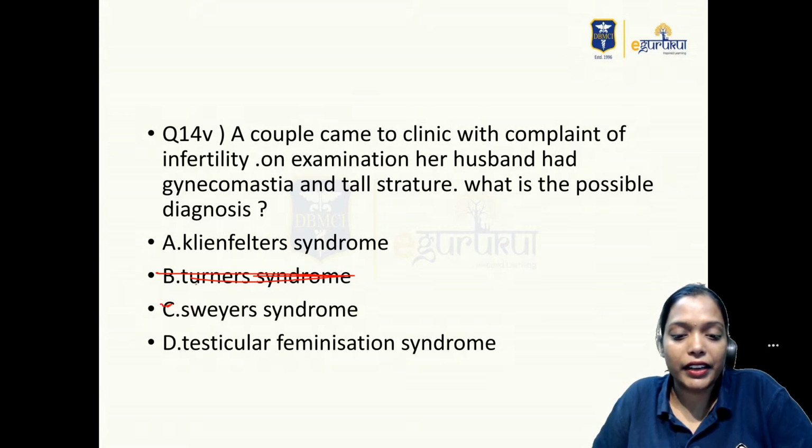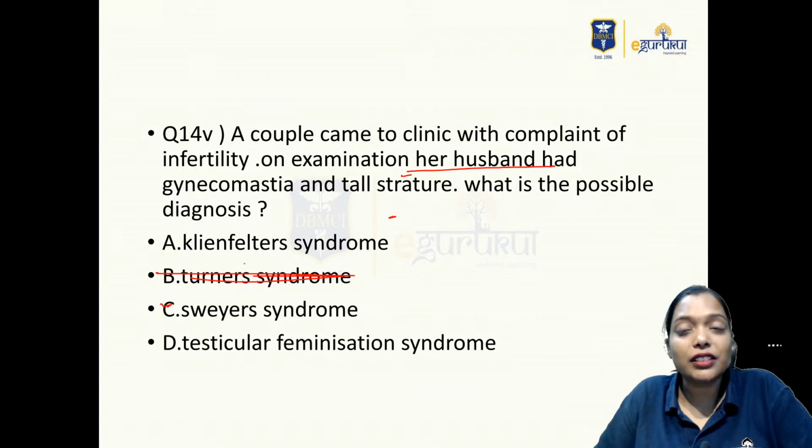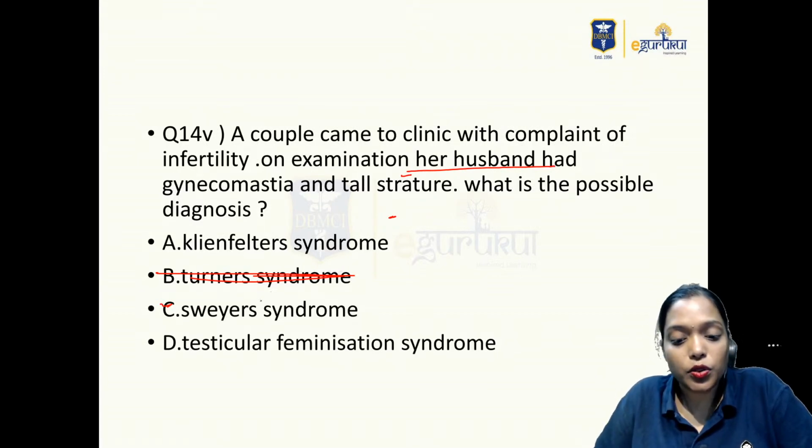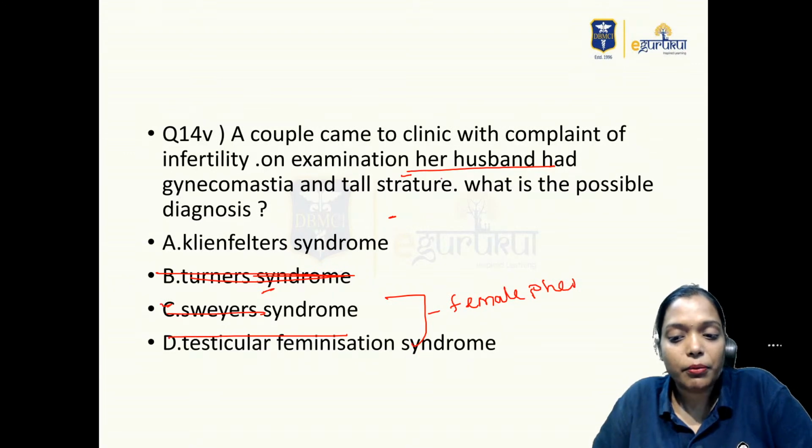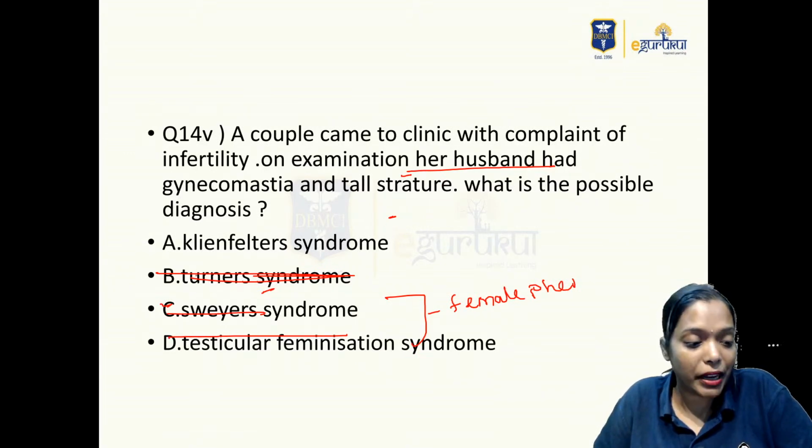Now, there is a possibility that you can say this can be testicular feminization syndrome, but it is her husband who has come, so it is a male phenotype. Swyer syndrome and testicular feminization syndrome, both will have a female phenotype. Both of them will look like females, but here the husband is looking like a male.